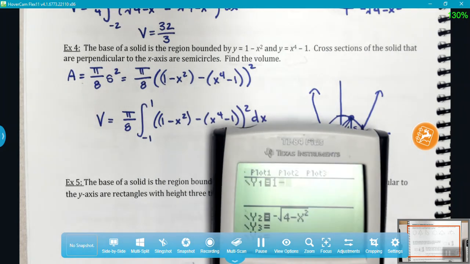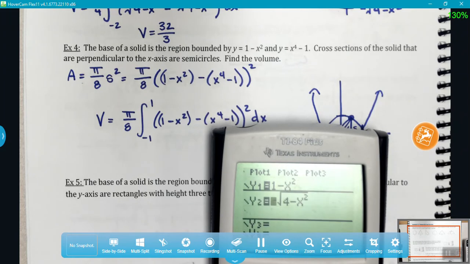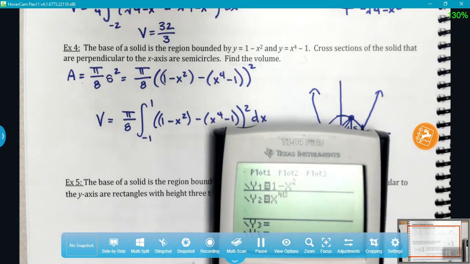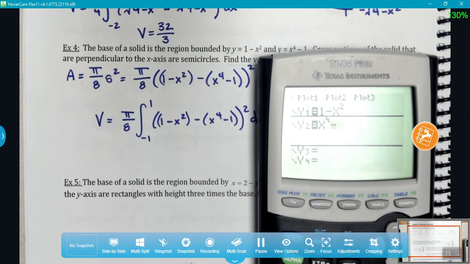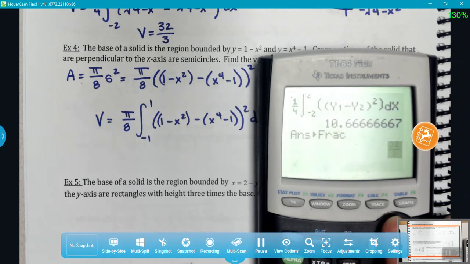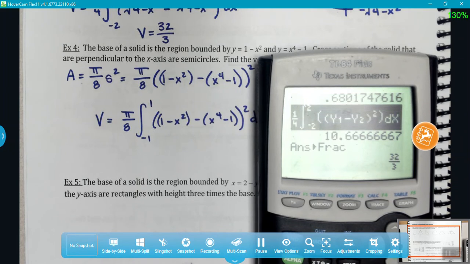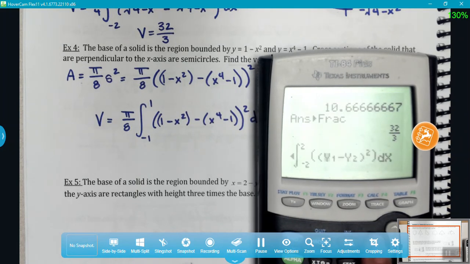So 1 minus x squared, x to the 4th, minus 1. And then really I can just edit this because it's y1 minus y2. We're going from -1 to 1, and my fraction is pi over 8. Okay, so the formula is pretty much the same.